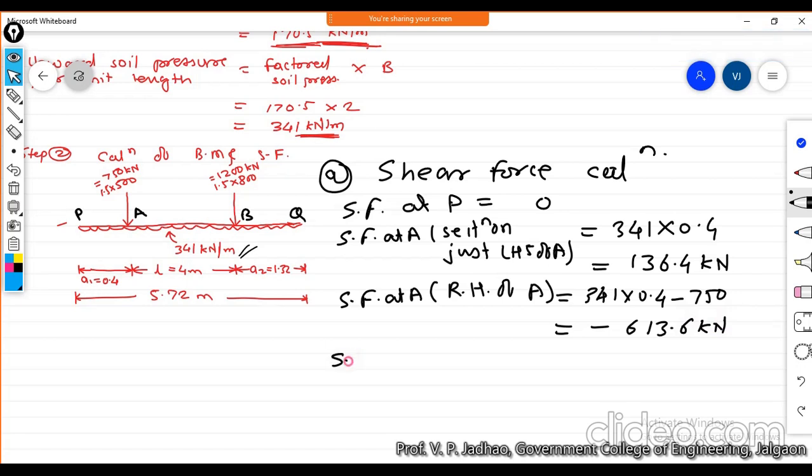Now shear force at B, with the section on the left hand side of B, that is here. This will be our section shown by this black line.